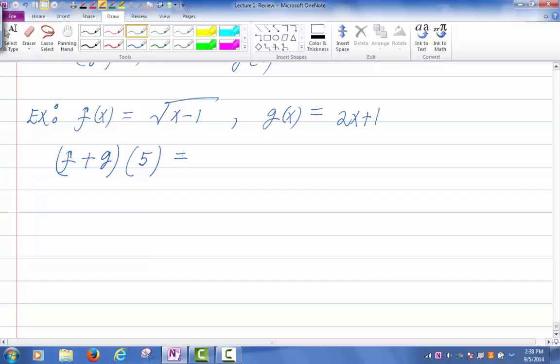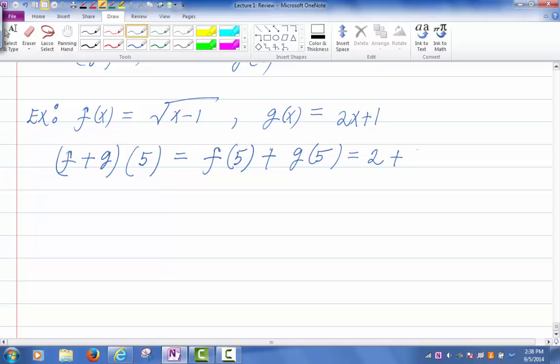The value of f plus g evaluated at 5 would be what? Well, you calculate each function separately at 5 and then you add them, right? What is f of 5? 2.